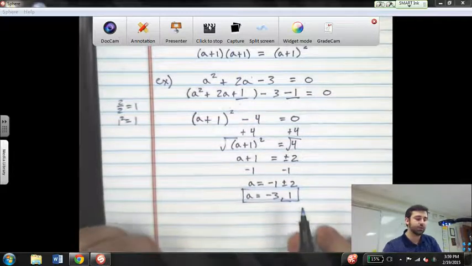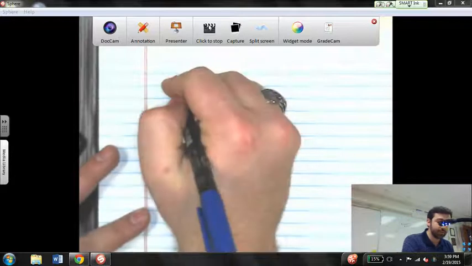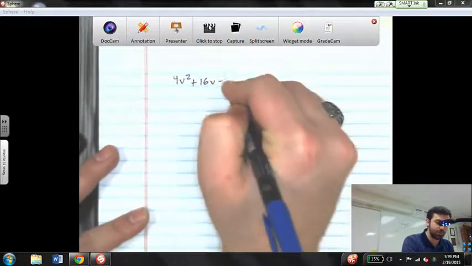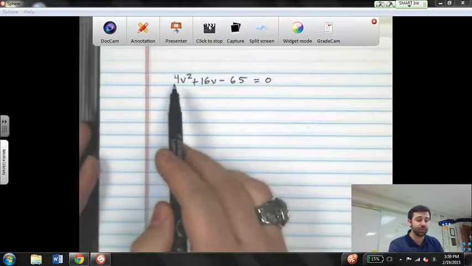Let's look at another example of completing the square. This time we're going to do it where the a coefficient, or my leading coefficient, is not 1. It's important when we complete the square to make sure that our leading coefficient is 1. In this situation it's 4.